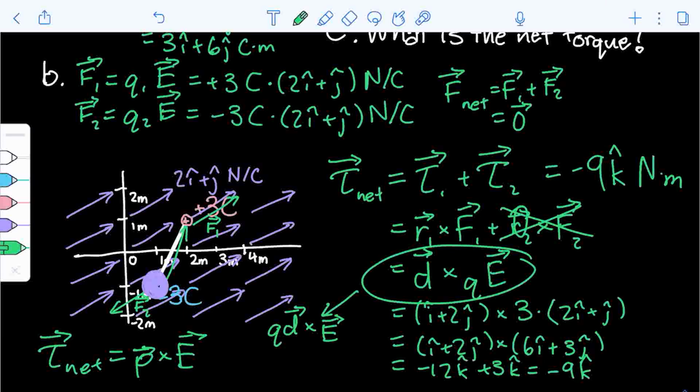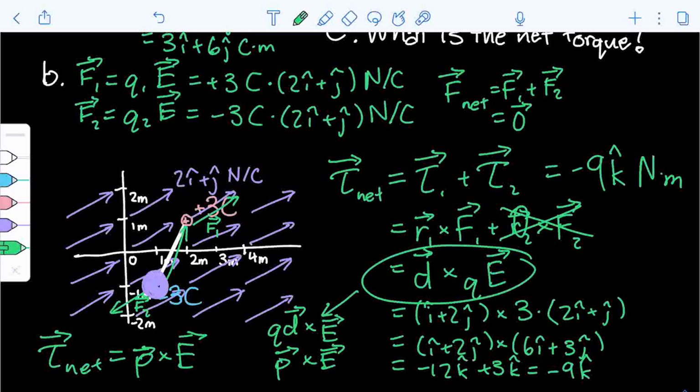This is a legal vector operation. And so Q times D, we've already seen this before, it's just P. So ultimately, the net torque is equivalent to P cross E, which is really nice. Okay. So that's how electric dipoles work, and the electric dipole moment.